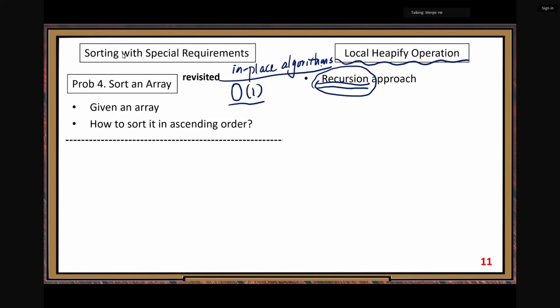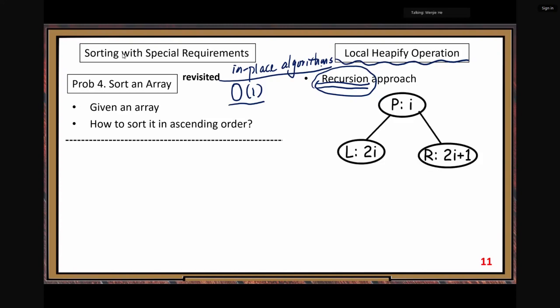Now look at this PLR local region. We want to fix the violation of the max heap property. Let's look at the pseudocode. First we compare the A of i value. If A of i is less than A of 2i, that's a violation, right?